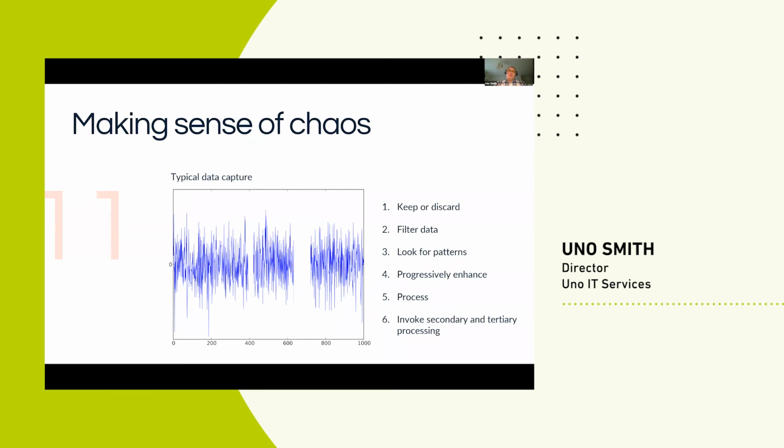So you might want a filter that has a slightly different action to give you slightly more noisy data, and then you can combine those two outputs into a new stream that you then feed into another system to act on. You obviously have to process the data once you've captured it, and then from there you can invoke multiple other streams for processing. So you can invoke secondary and tertiary processing streams from there.